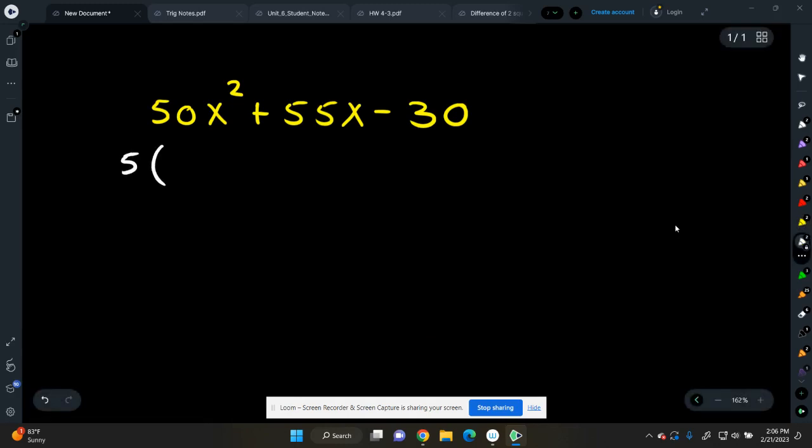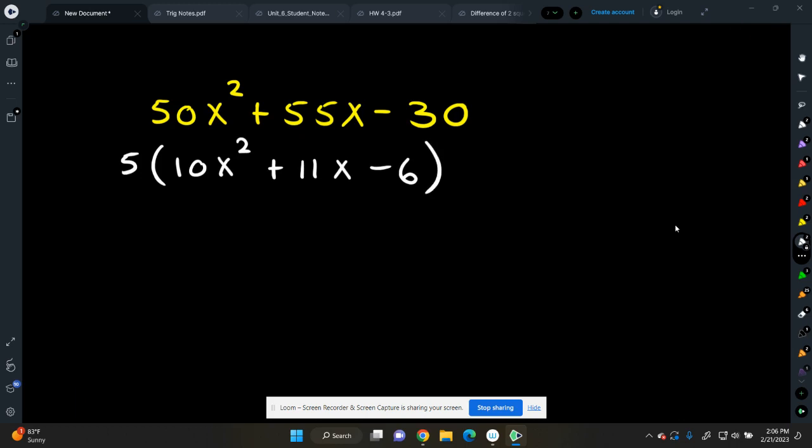Okay, so we take a 5 out, and we're left with 10x squared plus 11x minus 6. Now, if there is any number in front of the x squared other than 1, we're going to use the Murray method.